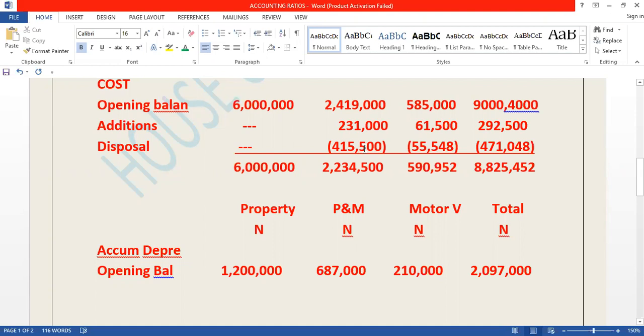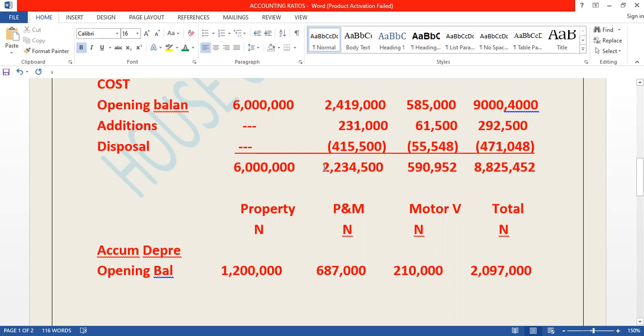Previous cost. What is 2,419 plus 231? 2,650.